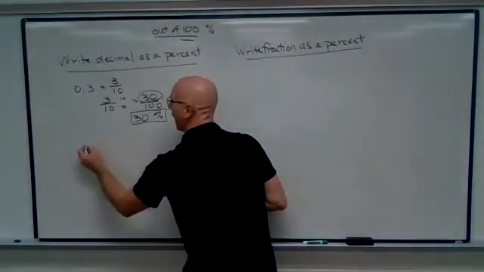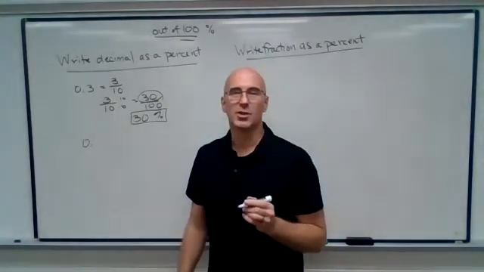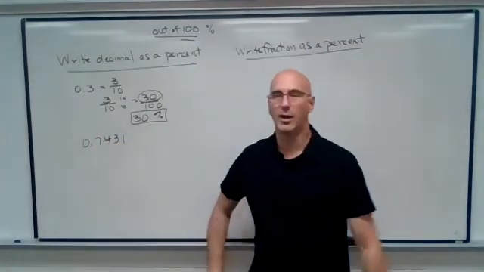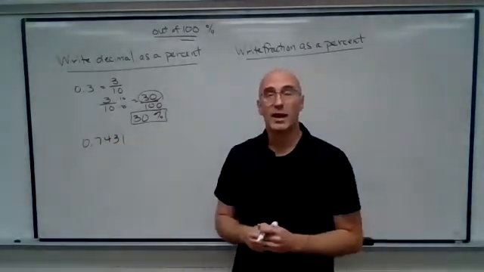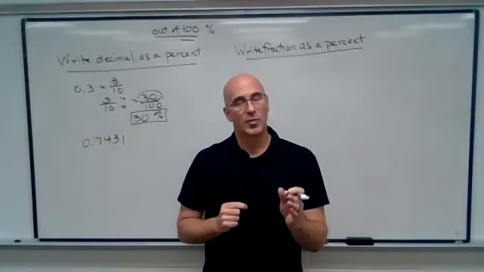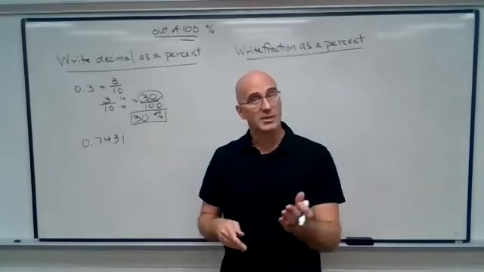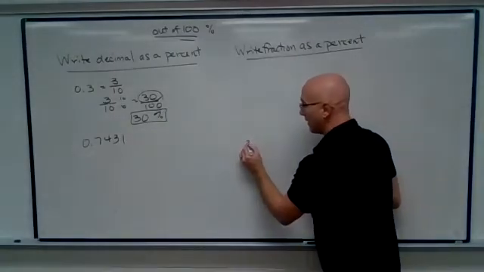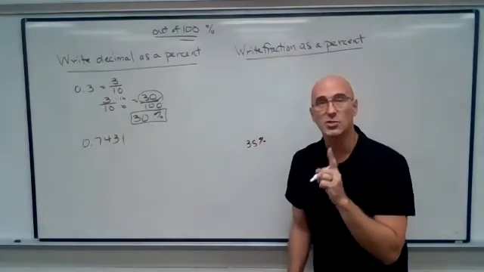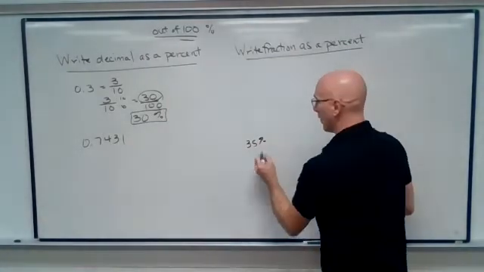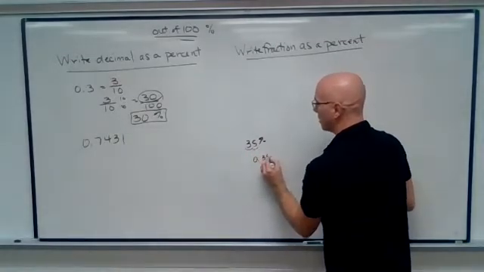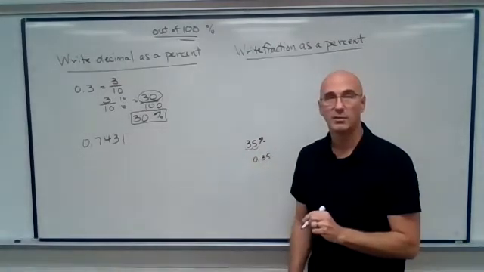I'm going to show you another example where it would not be as easy to do this. What if I had the decimal 0.7431? And the instructions were, write that as a percent. If you remember the last lesson, if I had 35% and wanted to change it into a decimal, I moved the decimal place over 2 places to the left.